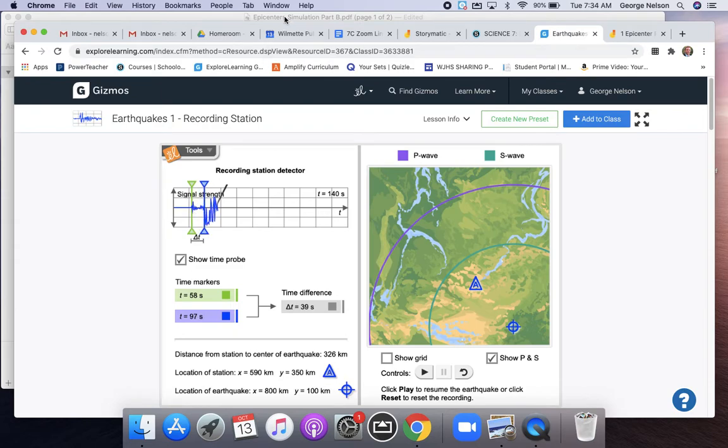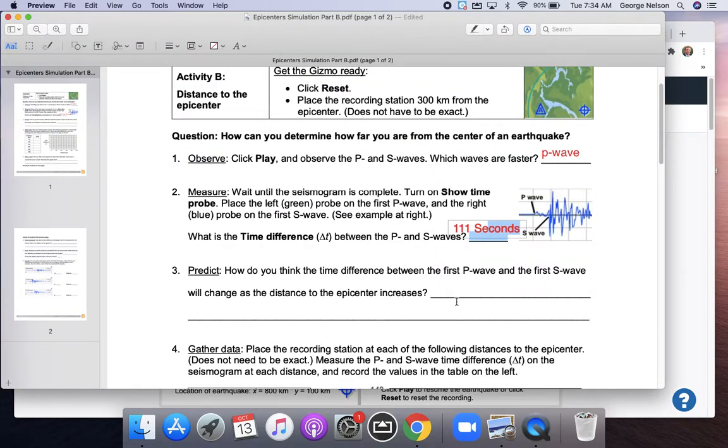Notice they're closer together. So I guess there's less time lag between the two waves, the P and the S wave.